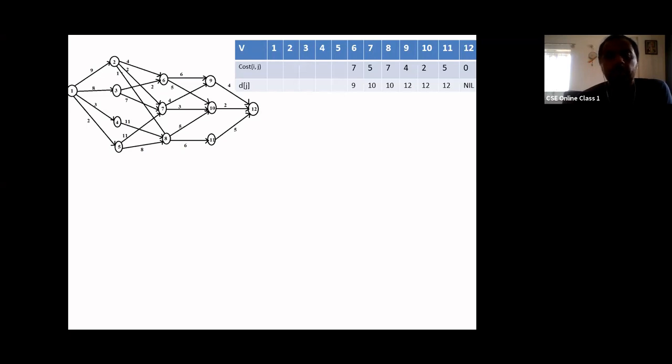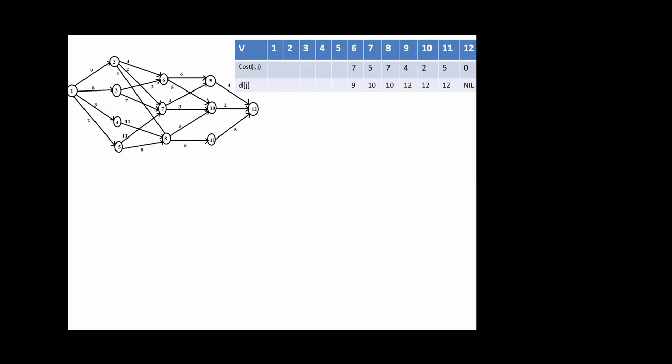Similarly, we'll fill the table and so on. Once we complete stage 2, stage 1 utilizes the calculated values of stage 2. So we get 4 outgoing edges from stage 1, and we take the best among those 4.